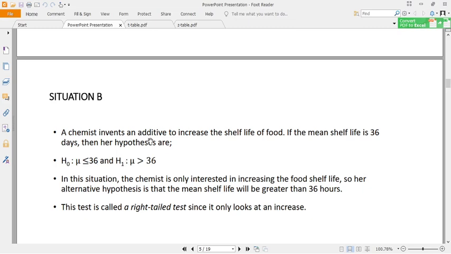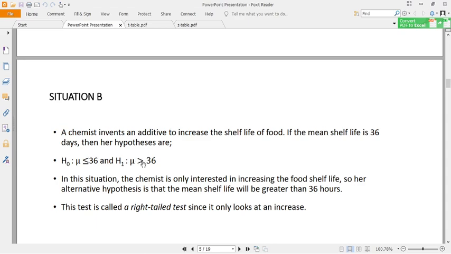That is the null hypothesis. Then the alternative will be the chemist's claim. He is interested in increasing the shelf life of food. Therefore, our alternative hypothesis will be that the mean shelf life will be greater than 36. To help you understand this more, in simple terms, the alternative is always the claim of the researcher, that which is increasing.